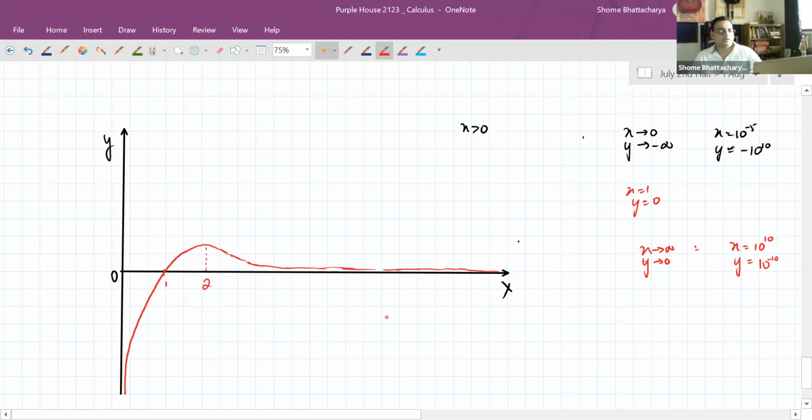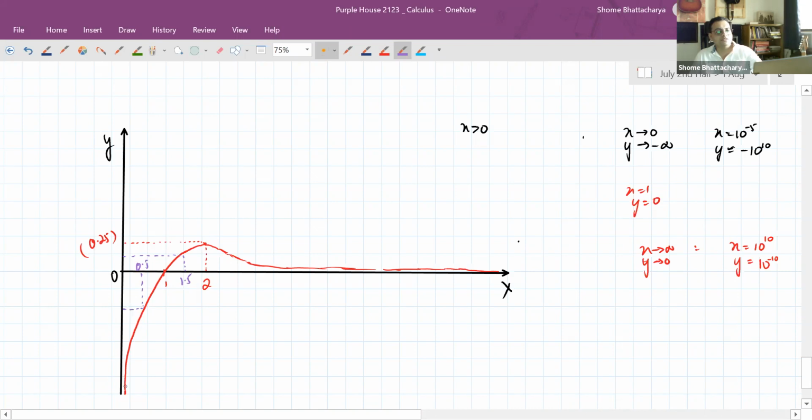So that kind of thing. So you can see that at this peak point, the value of y that we had calculated was 0.25. And we had also seen other points, at 1.5 we had seen the value of y, then at 0.5 we had seen the value of y.